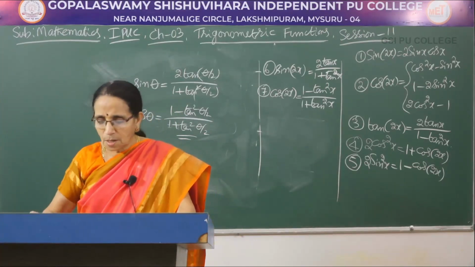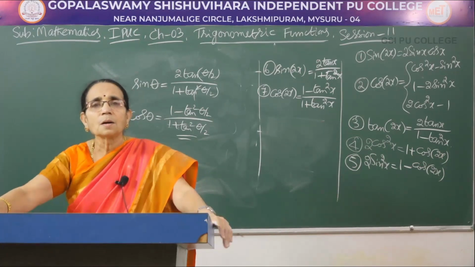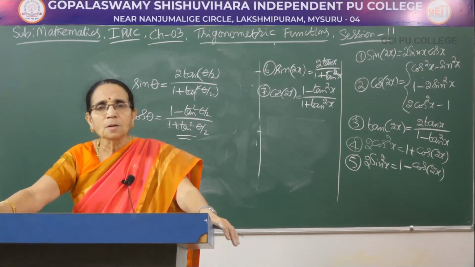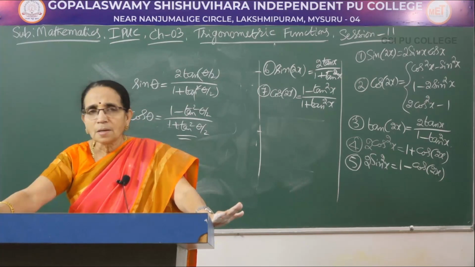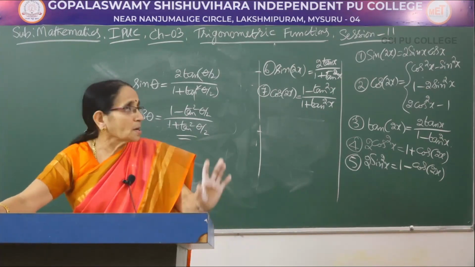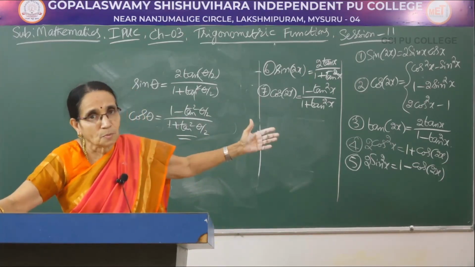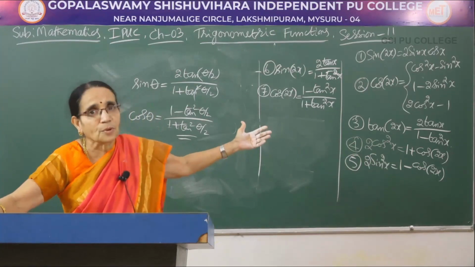So, first what we did? We derived the formula for the multiple angle 2x of all the 3 functions, sine, cos and tangent. So, sine of 2x is 2 sin x cos x. Cos of 2x has 3 different versions or 3 different ways of expressing.